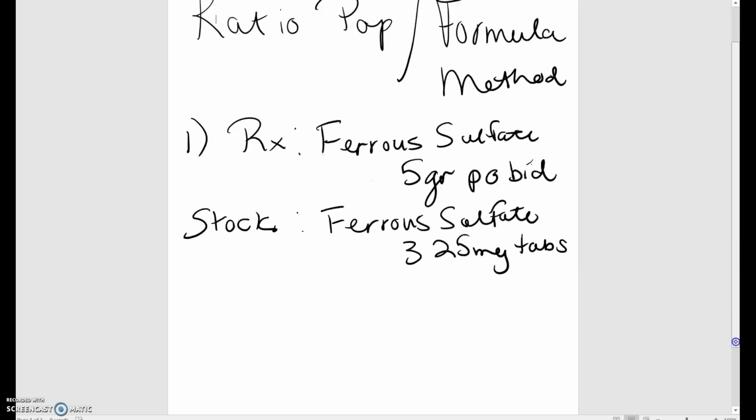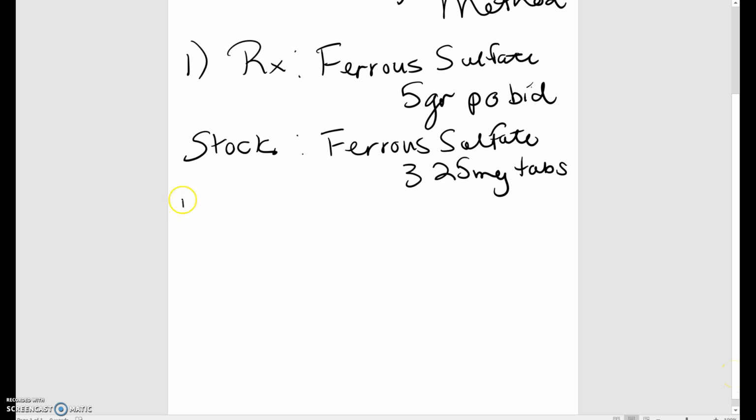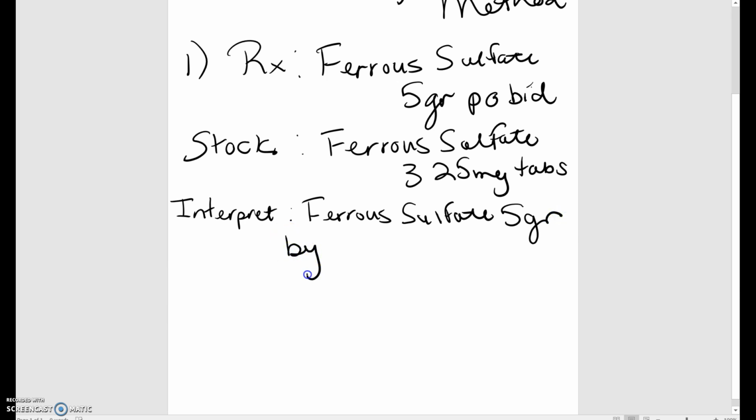So the first thing I need to do is interpret the order. You read the order for what it says. So interpreting the order means read the prescription as you see it. So it will read ferrous sulfate 5 grains by mouth twice a day.